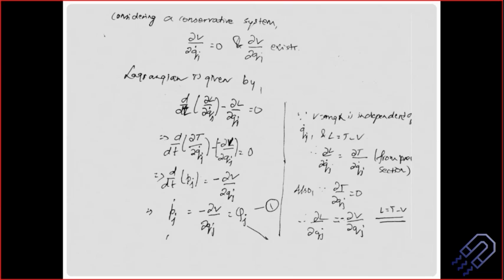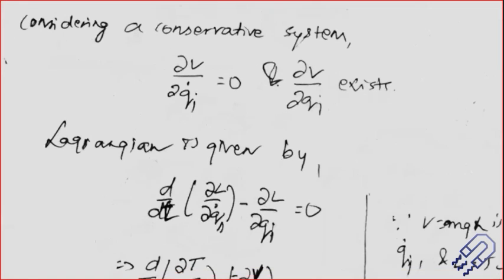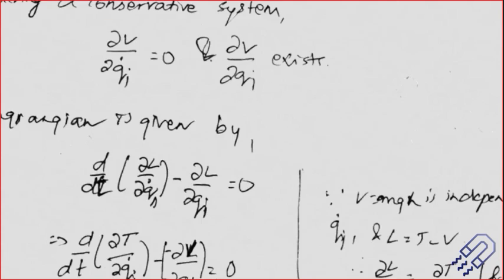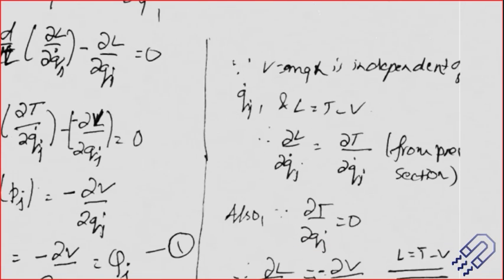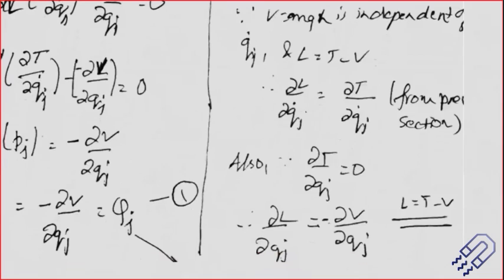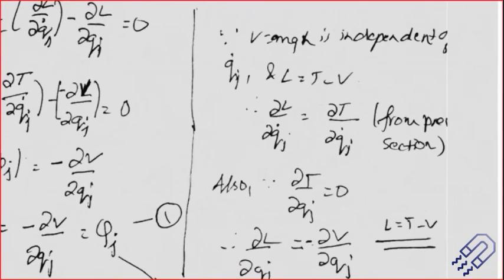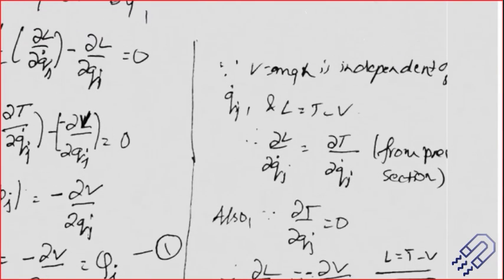If we go back to this conservation and consider a conservative system, what we see is that del V del Qj dot is equal to 0 and del V del Qj exists. Why del V del Qj dot is equal to 0 comes from here. Let's focus here.